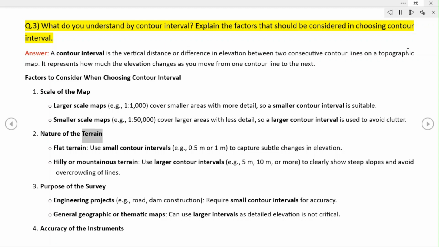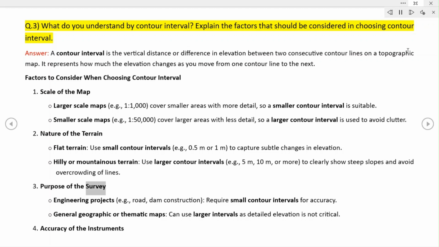Nature of the terrain. Flat terrain, use small contour intervals, example 0.5 m or 1 m, to capture subtle changes in elevation. Hilly or mountainous terrain, use larger contour intervals, example 5 m, 10 m, or more, to clearly show steep slopes and avoid overcrowding of lines.